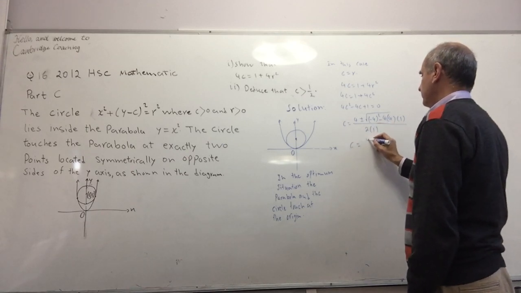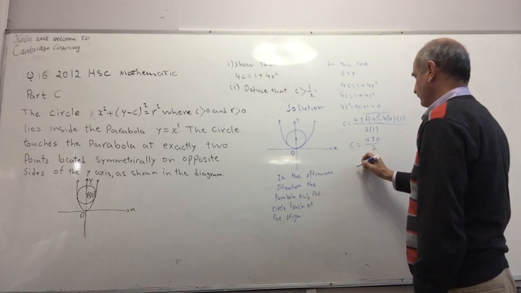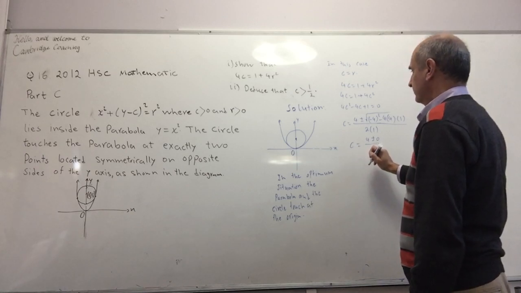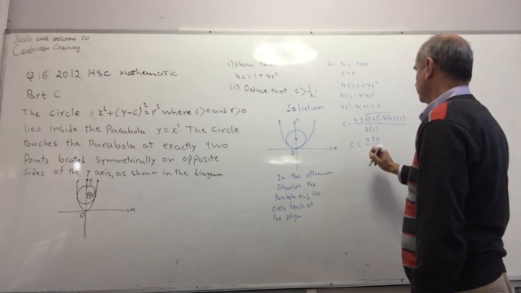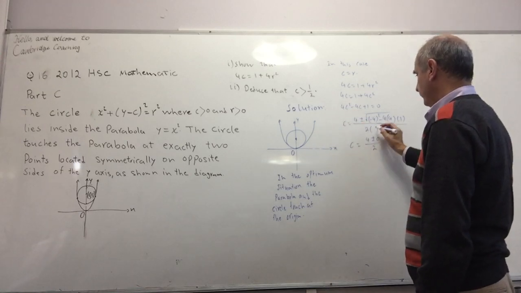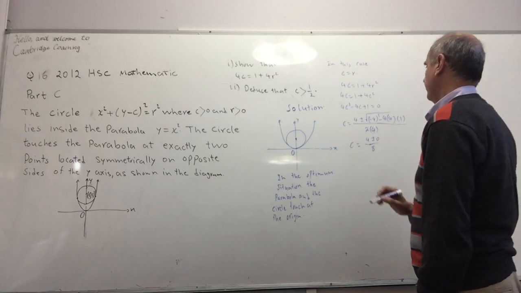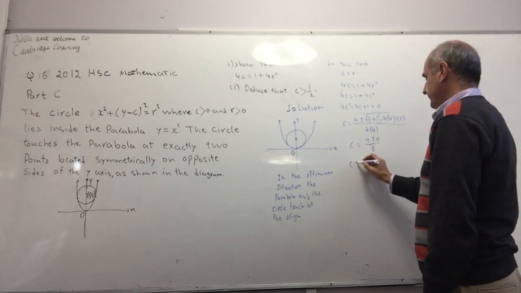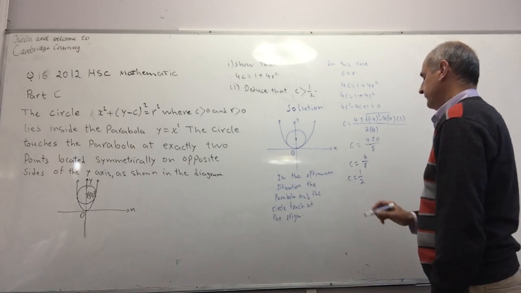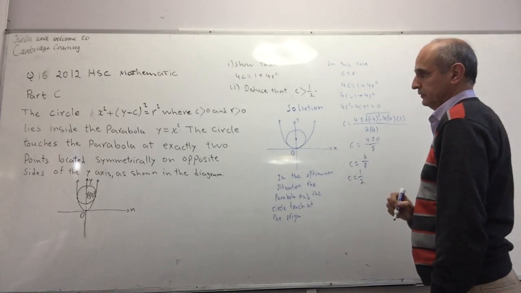That becomes 8. So c is equal to 4 plus or minus 0, over 8, and that gives us c equals 4 on 8, or c equals half. That is the minimum value that c can have at that position.